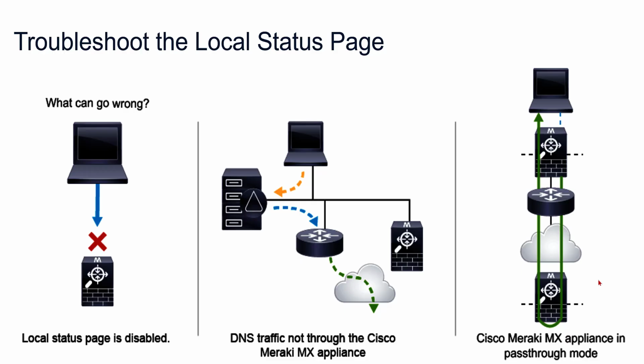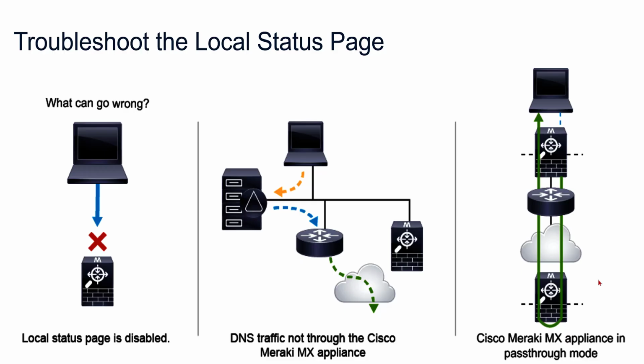All right. Second scenario is DNS traffic not going through the MX. A little bit more subtle. mx.meraki.com absolutely relies on the MX intercepting that DNS. If DNS requests aren't going through the MX, it never gets a chance to respond. Maybe the client's using an external DNS server.